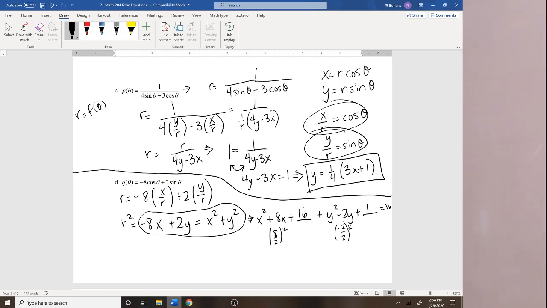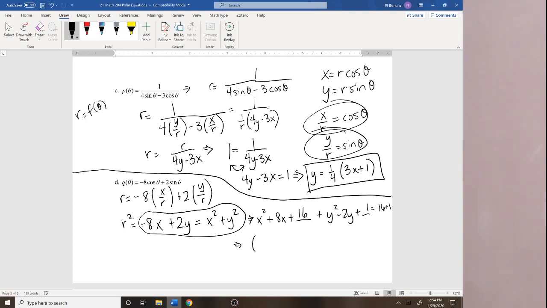That's going to be 1. So then I need to add another one over here. So this all equals 17 on the other side. And the nice thing about completing the square is now I can factor each one of those.